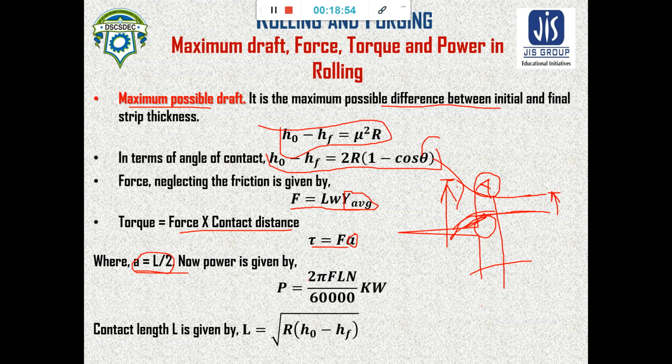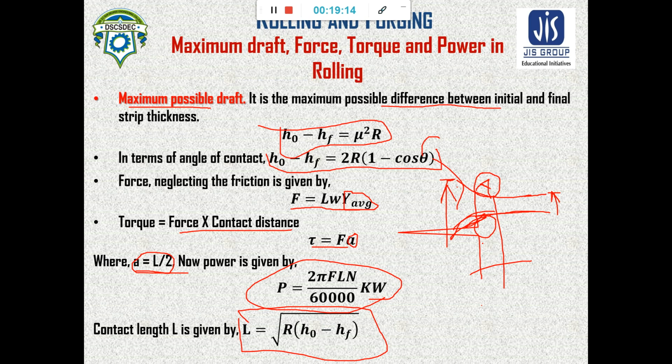Now power is given by P equals 2 pi F L N by 60,000 kilowatts. This is the expression for power, and that contact length L is given by the square root of R times (H0 minus Hf).